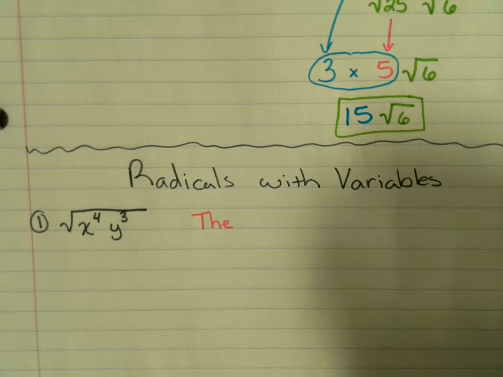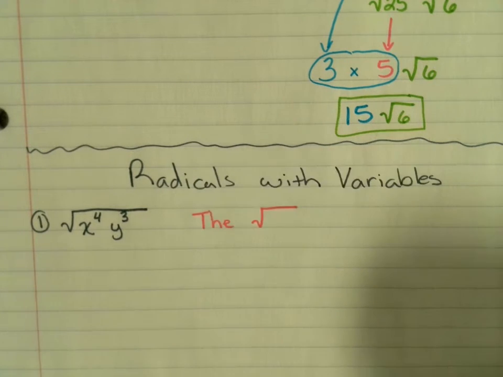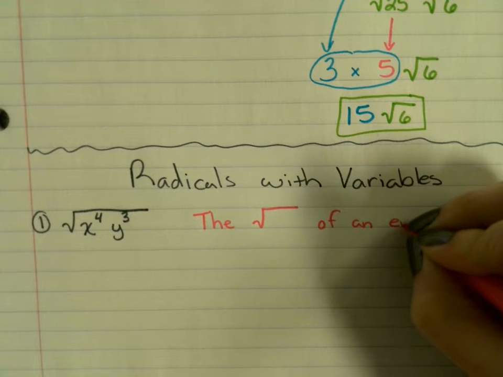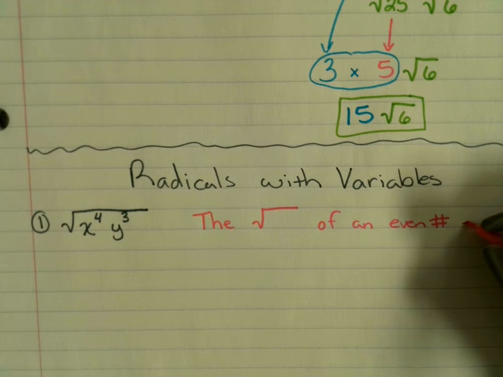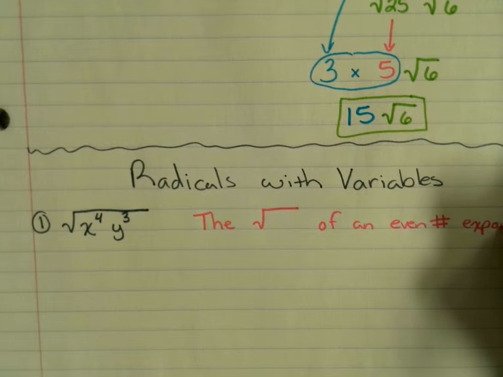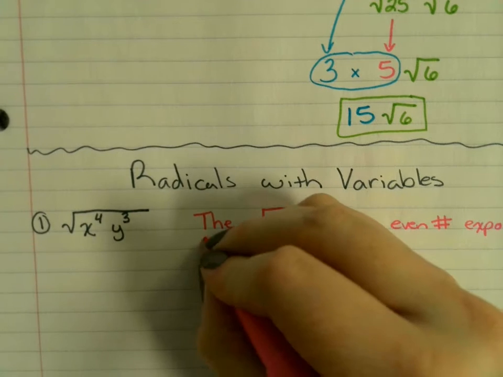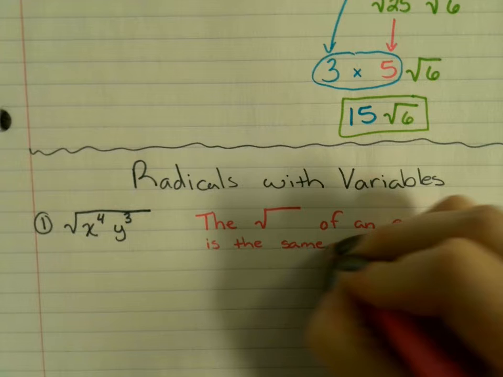So if you were to look at the square root of an even numbered exponent, it's the same thing as just taking the exponent and dividing it by 2.